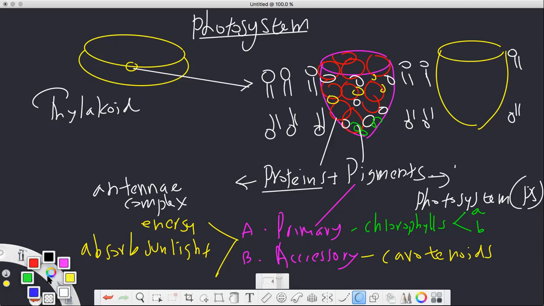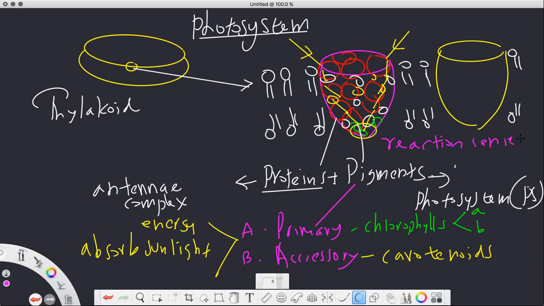Now, if I show this here, these arrows represent the sunlight, and after that, proteins and all the pigments help to absorb the sunlight, and then the energy of the sunlight is finally focused to the bottom of this photosystem, and that is called a reaction center.